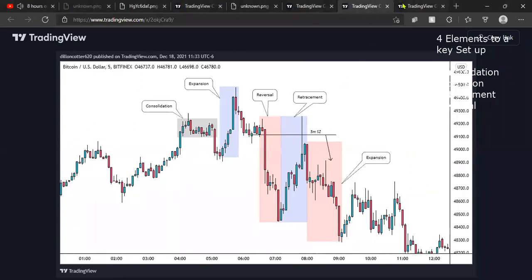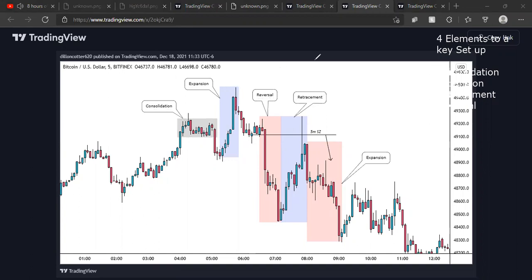So, next slide here. This one is interesting. Number one, always consolidation. So consolidation in this green box, and look, we get an expansion. So number two, expansion. Now, what was number three? It was either a retracement or reversal.